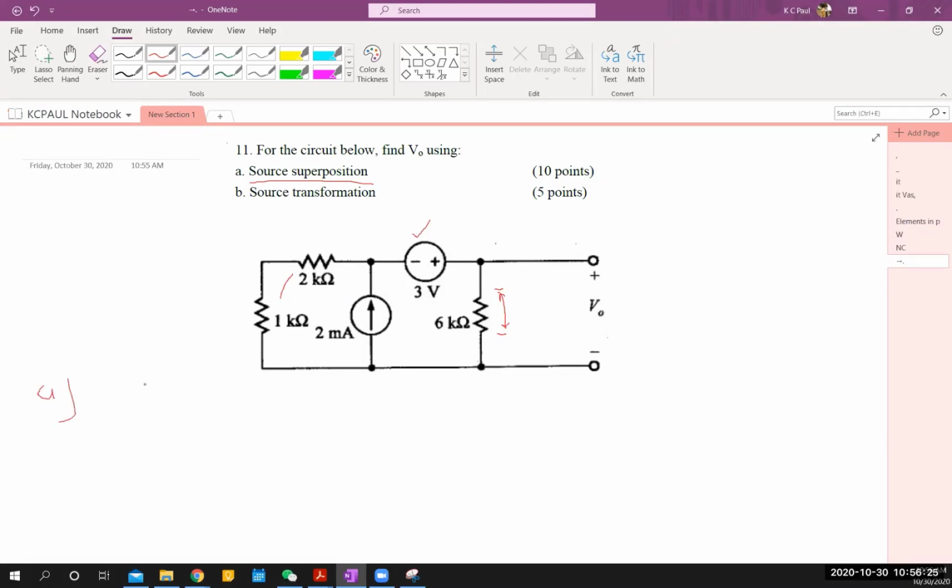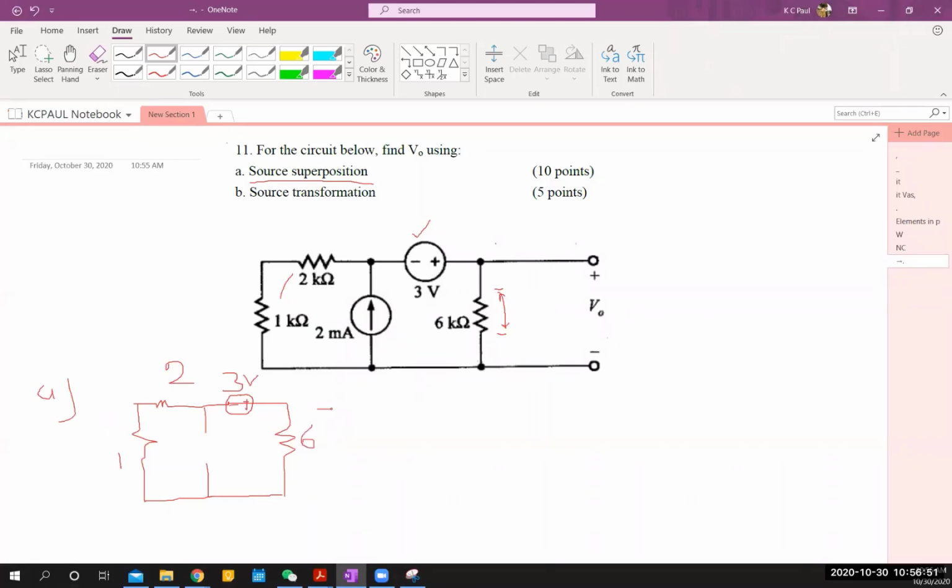So the first one will be these two here, thinking about this voltage source, and this one is open, and you have 1 kilo ohm here. So 1, 2, okay, this voltage source is minus plus, and this is 3 volts, and this is 6.